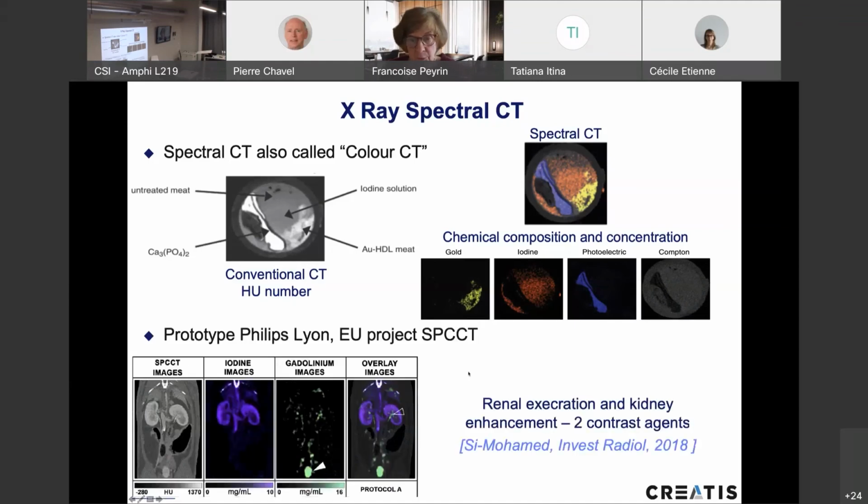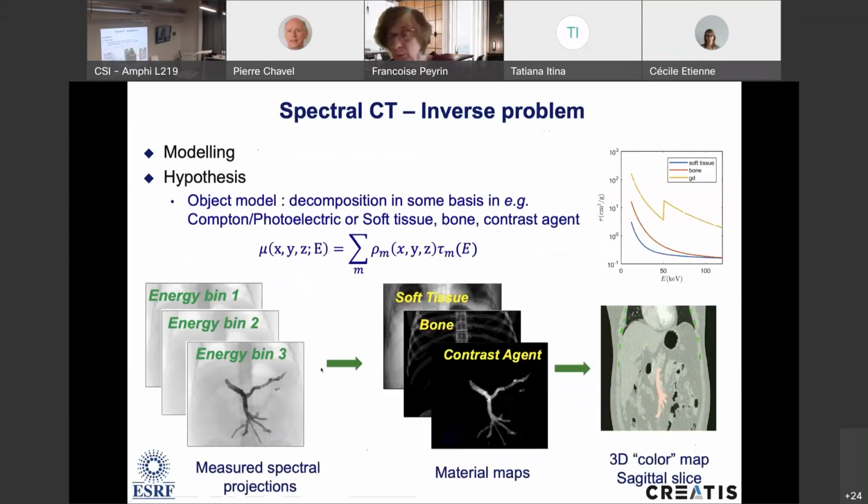This is an example of an image that has been obtained on the Lyon prototype by our colleague Simon Ahmed, using iodine and gadolinium contrast agents.